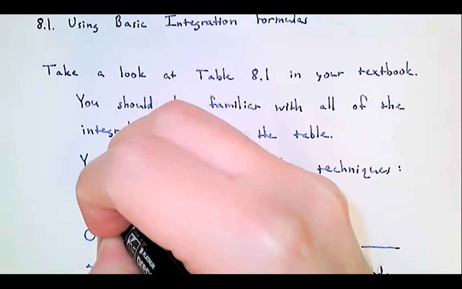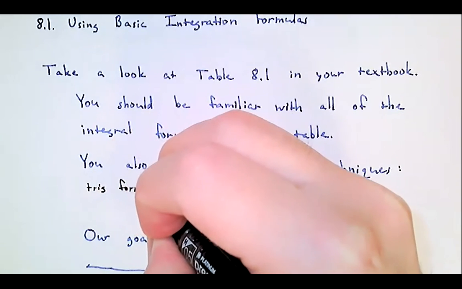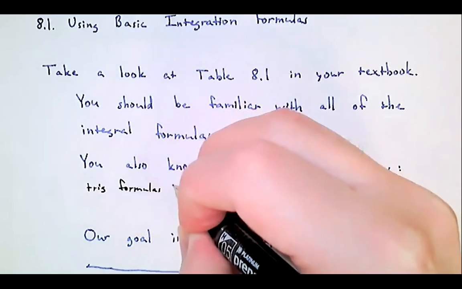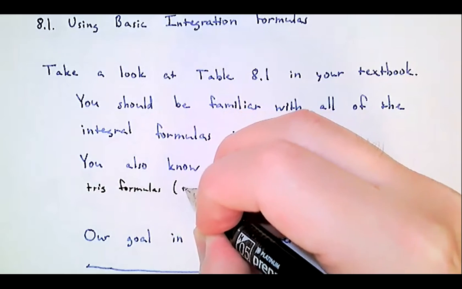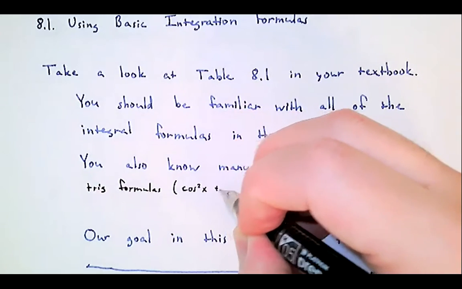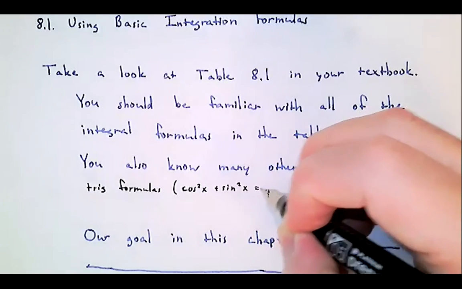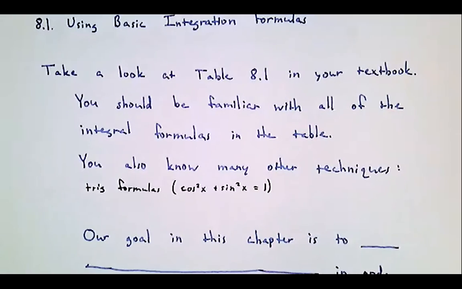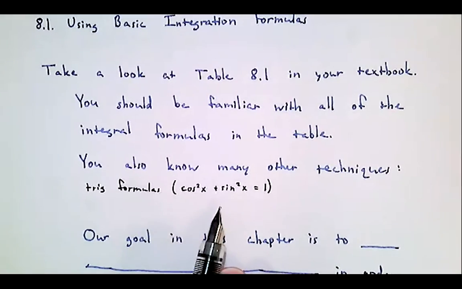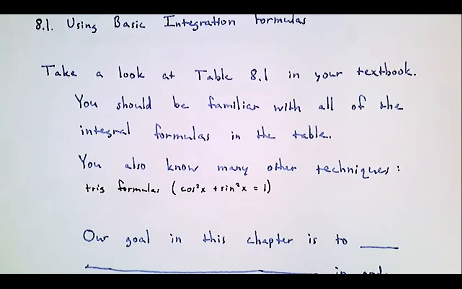We'll have to know lots of these. So one of the simplest formulas is this one, which is a version of the Pythagorean theorem, but there's a lot more like this one, like the double angle formulas and angle sum formulas.